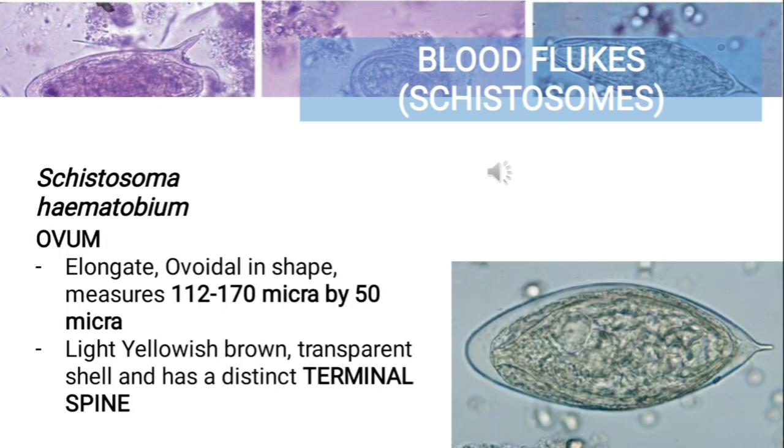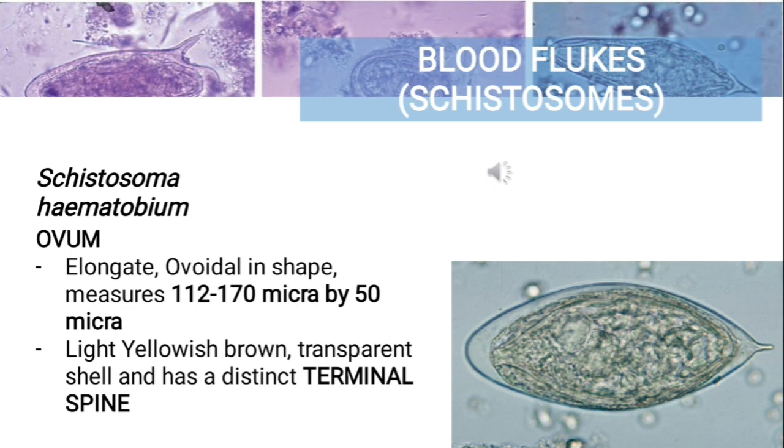As for the ovum of our Schistosoma haematobium, it is described as elongated, ovoidal in shape, and measures 112 to 170 by 50 micra. It is light yellowish-brown in color and has a transparent shell, as you can see in the picture, and it has a distinct terminal spine.